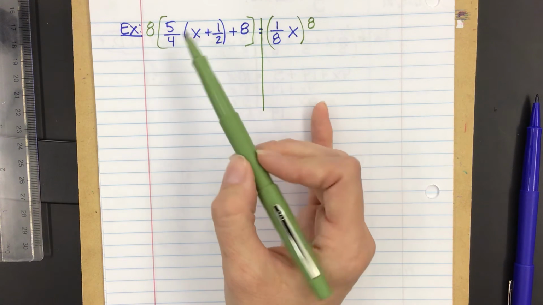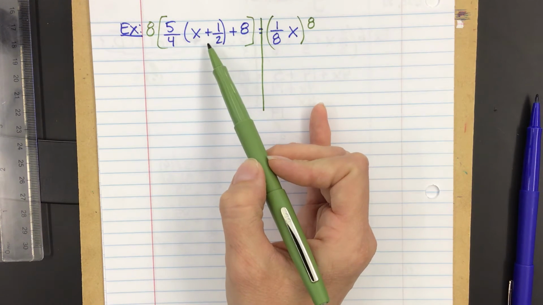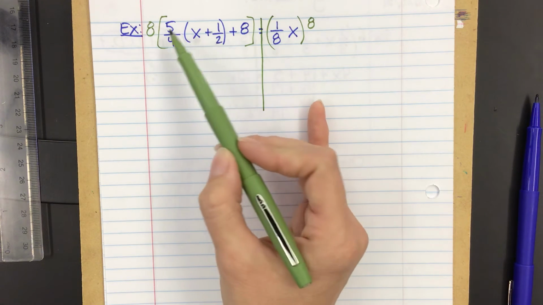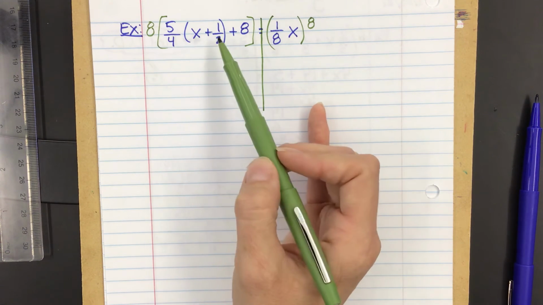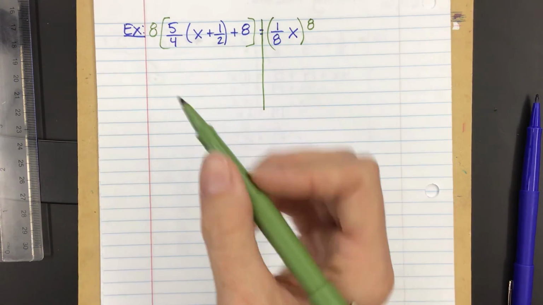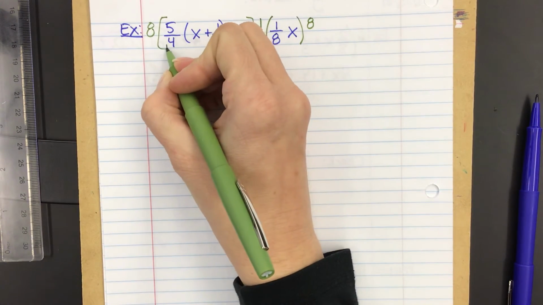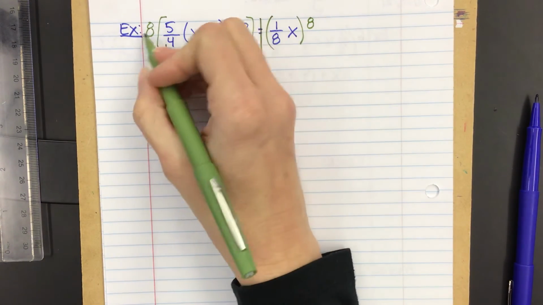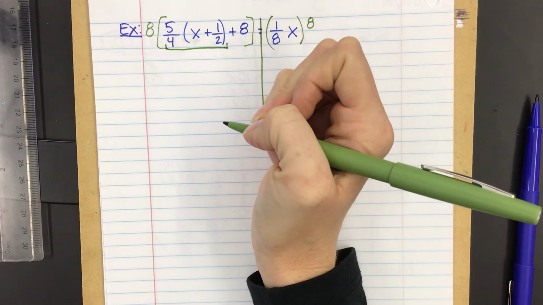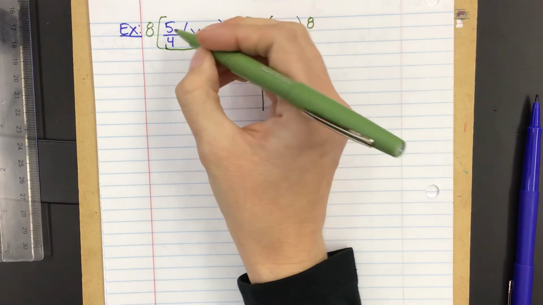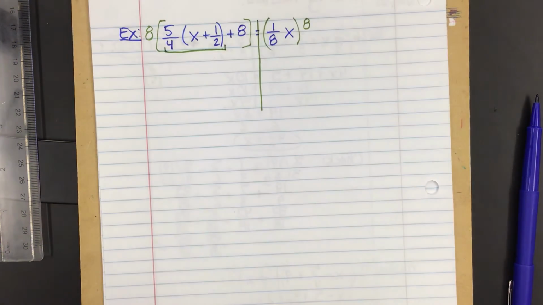So you don't want to multiply the x and the half by 8, and then it is multiplied by 8 again once you distribute. So when we have any kind of grouping like this, you only multiply the coefficient by 8, okay? Not each individual number inside the parentheses. But do you also multiply the 8 at the end? Absolutely, yes, because it is not in the grouping, okay?